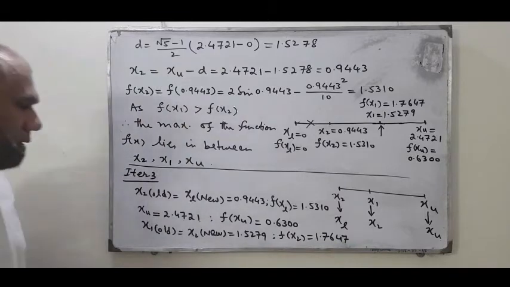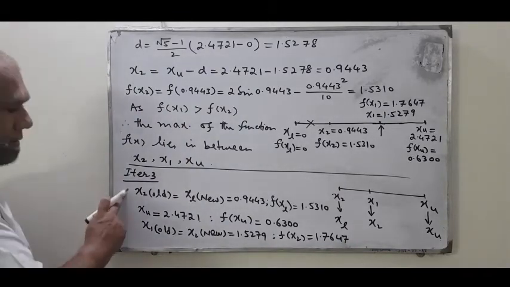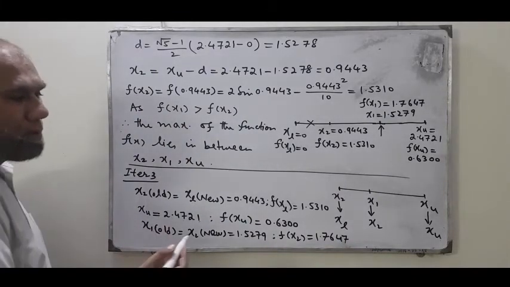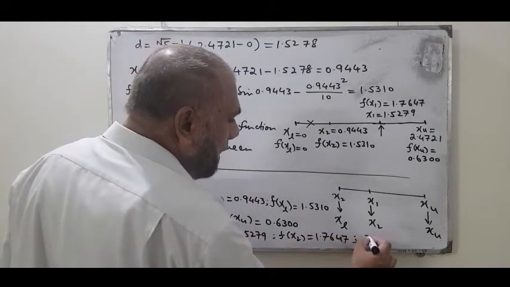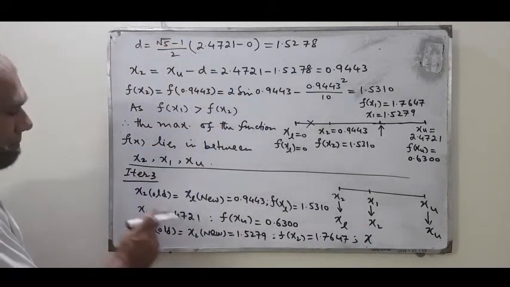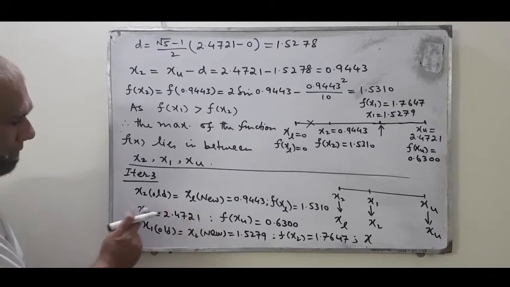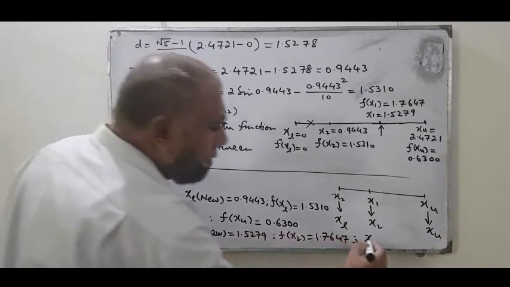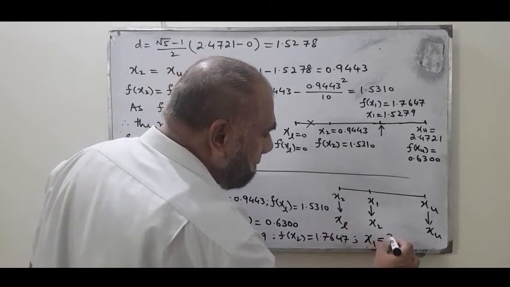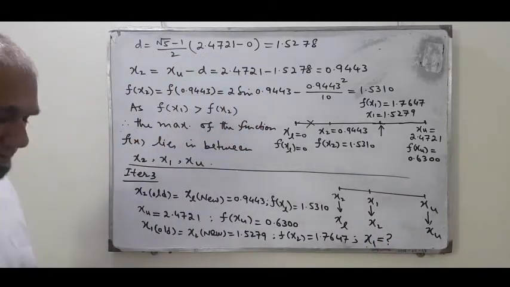Okay, now these are the 3 points. So the missing point will of course be the 4th point, whatever it is, and in this case xl we have, xu we have, x2 is there, so x1 is the point which we have to find out.